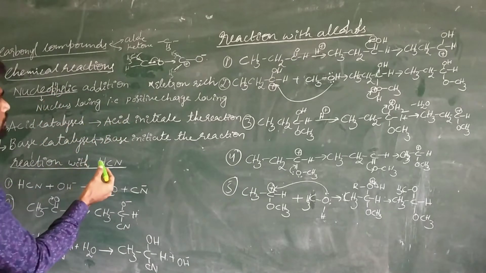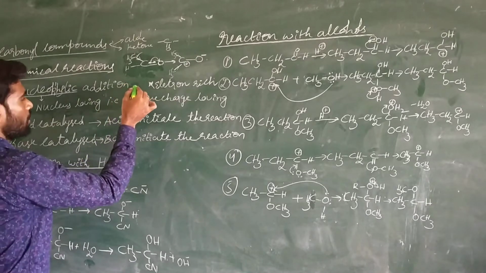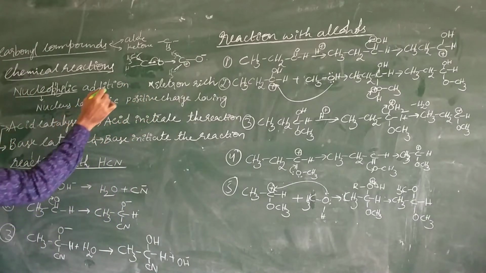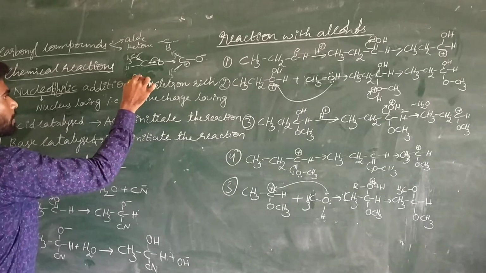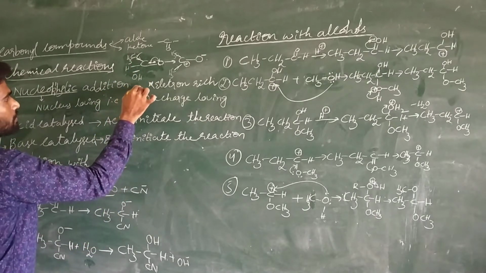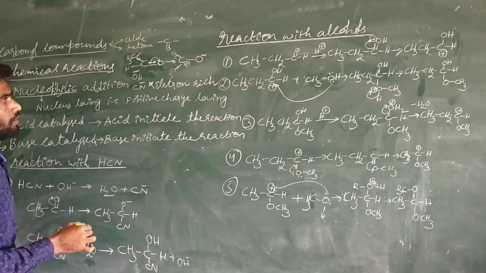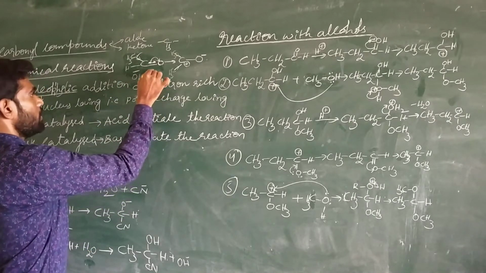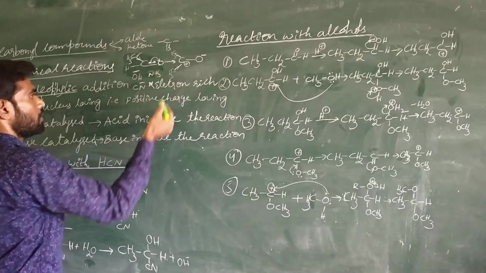Nucleophiles are electron pair rich species, for example OH minus, or Cl minus, or otherwise ammonia, which is nitrogen based, or amines.